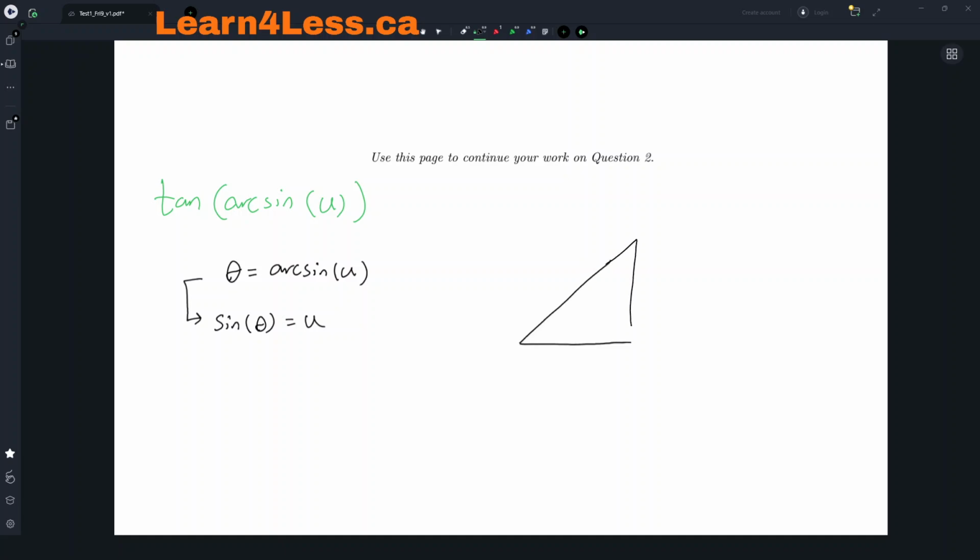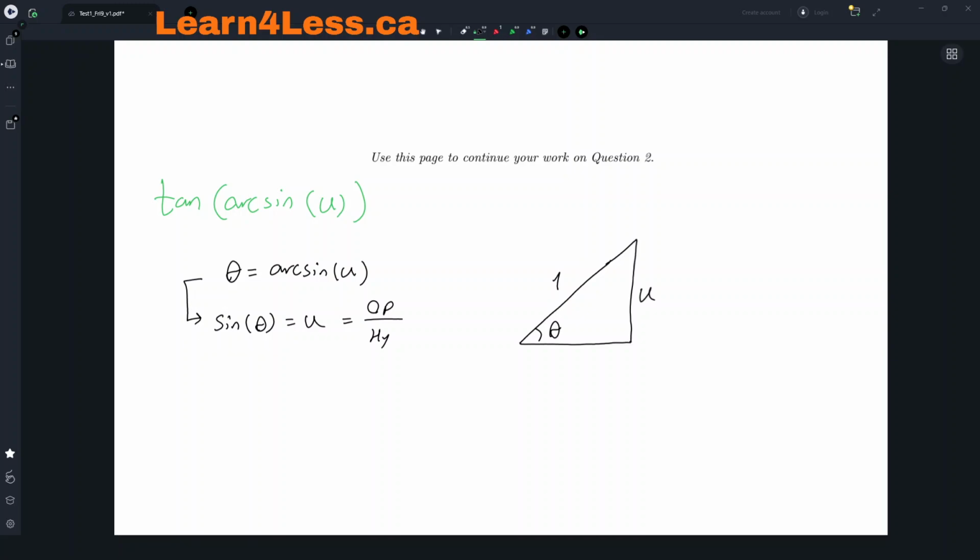So I design one triangle that has an angle theta, and sine of that is u. Sine is opposite over hypotenuse, so the opposite side over the hypotenuse should be equal to u. Let's call this side u and the hypotenuse 1. So u over 1 would be sine of theta.